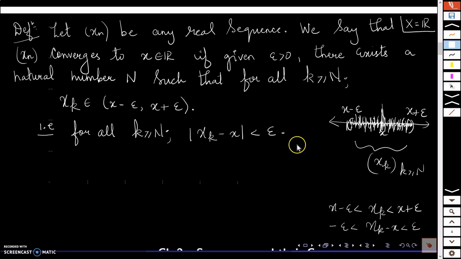Okay, so the terms of the sequence are very close to the point x. Given any epsilon, you can find such a stage. All right, so this is called the convergence of a sequence. Now, using quantifiers, how will I write this definition?